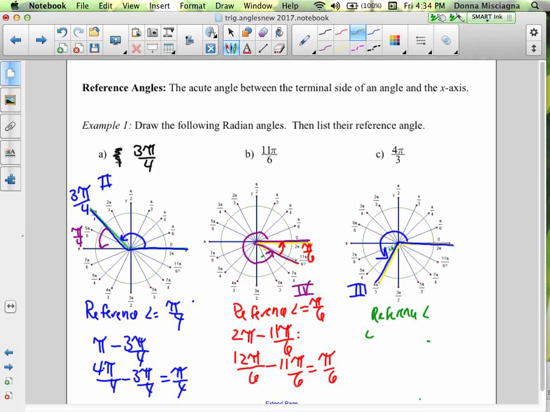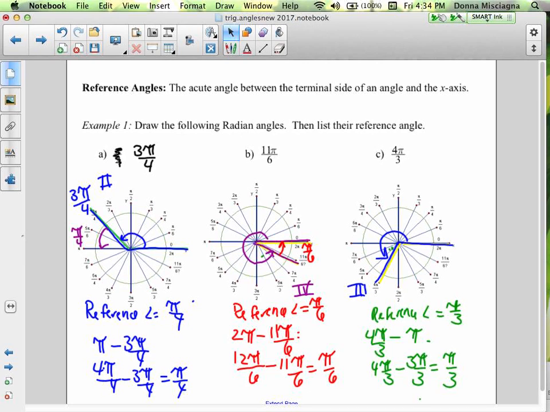So we've got 4 pi thirds minus pi, and pi is the same as 3 pi thirds. So 4 pi thirds minus 3 pi thirds gives us pi thirds. So our reference angle is pi thirds. There we go. All right, so we're done with these 3.